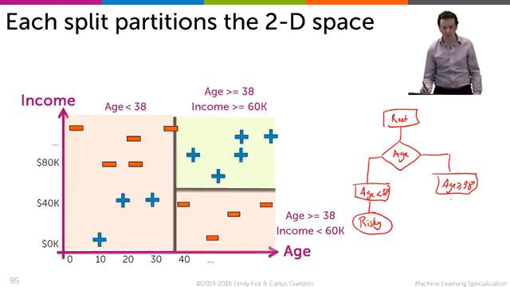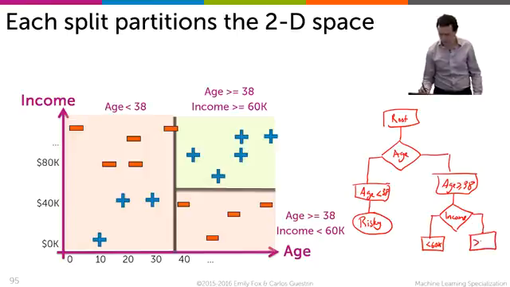And for age greater than 38, we took another split, which was on income. We just ask ourselves, is the income less than 60,000 or is it greater than or equal to 60,000?